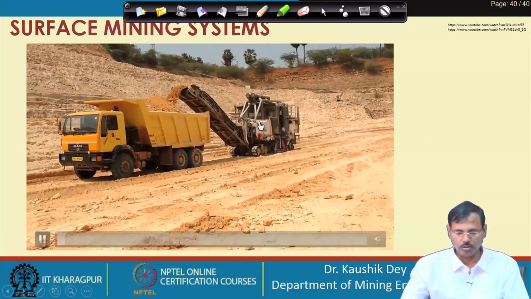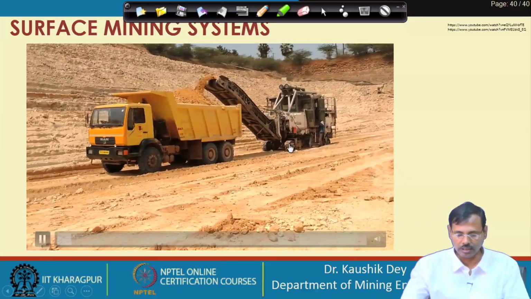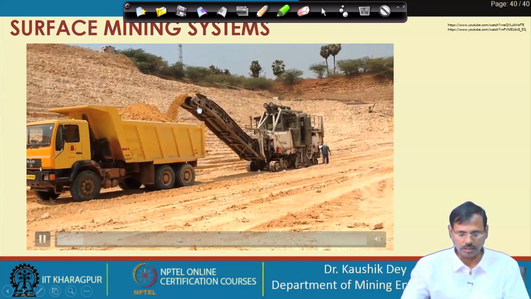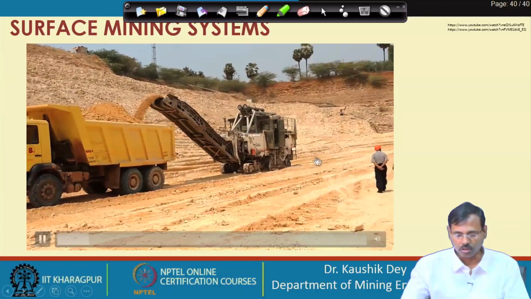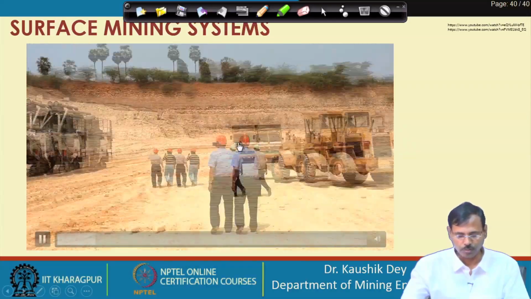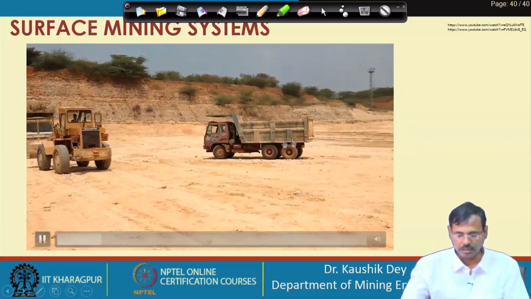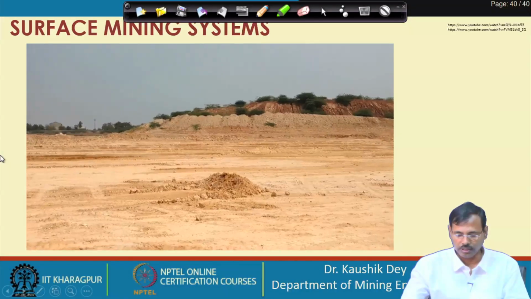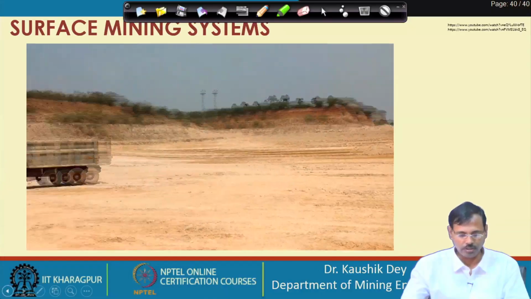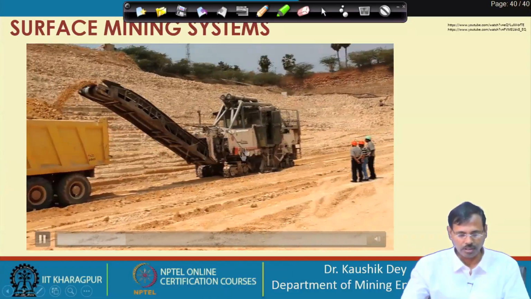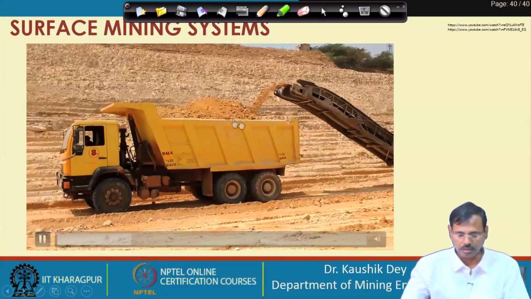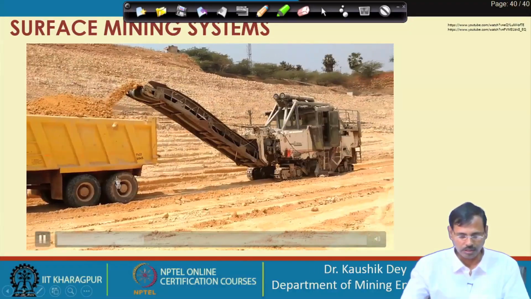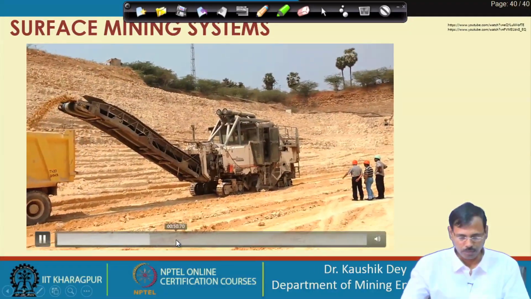You can see a surface miner cutting the material and dumping it onto the truck. The truck is being loaded with the conveyor boom attached to the surface miner, and you see the next dumper standing at the side. Whenever this excavation is complete, this is a limestone quarry, the second dumper will come and replace this dumper.